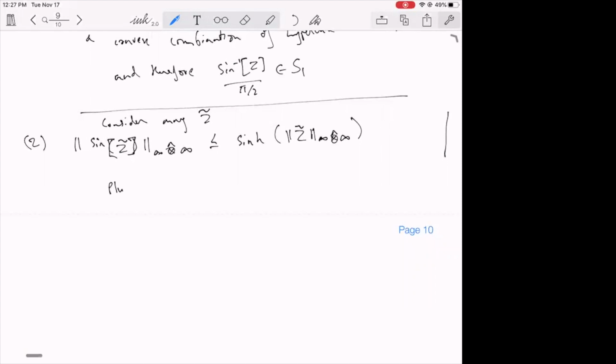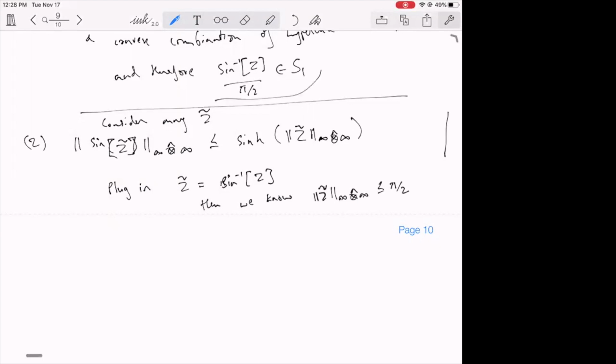if we plug in Z tilde as sine inverse applied entry-wise to Z, then we know by what I showed you previously that the projective tensor norm is at most pi over 2.